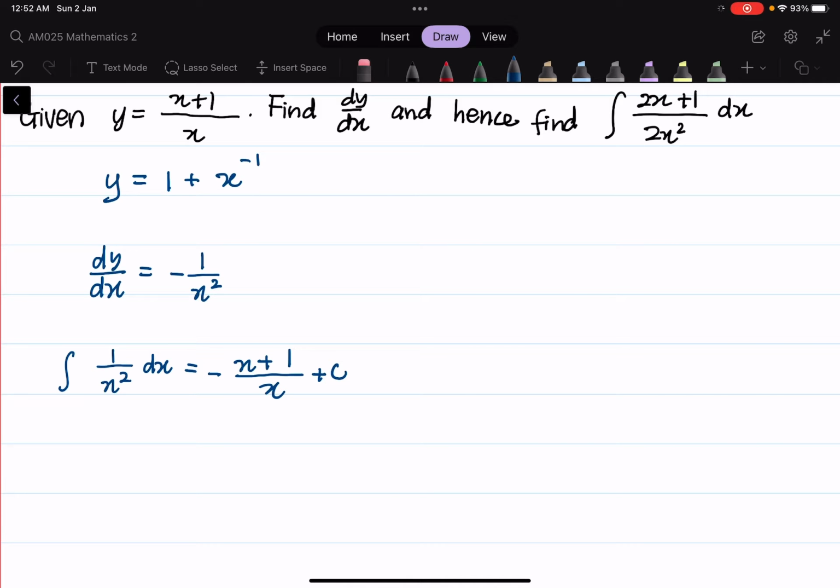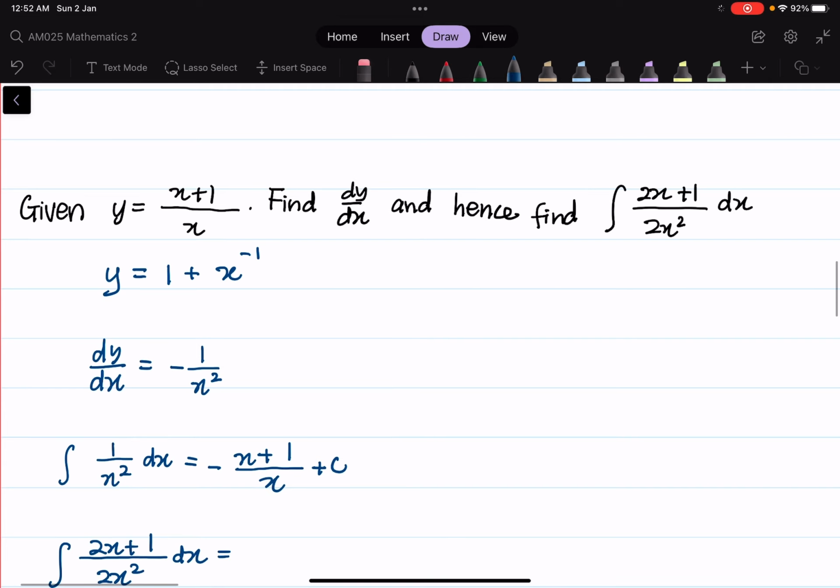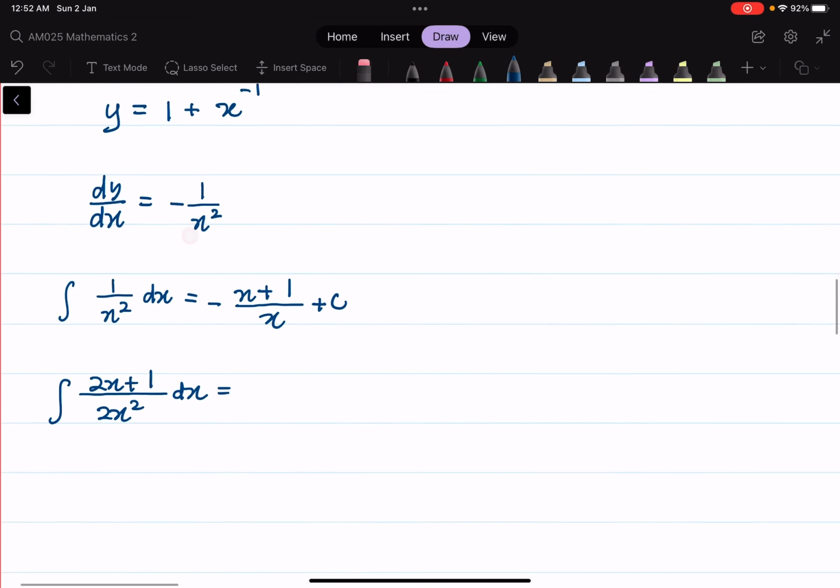So what's the question? We have the integration of (2x plus 1) divided by 2x squared with respect to x. Let's do some simplifying here, just like we did for x plus 1 divided by x.